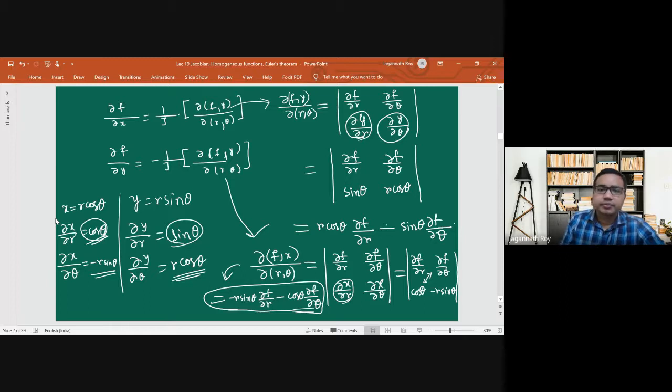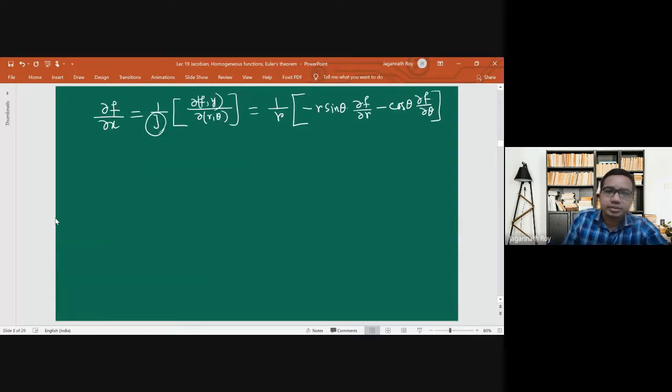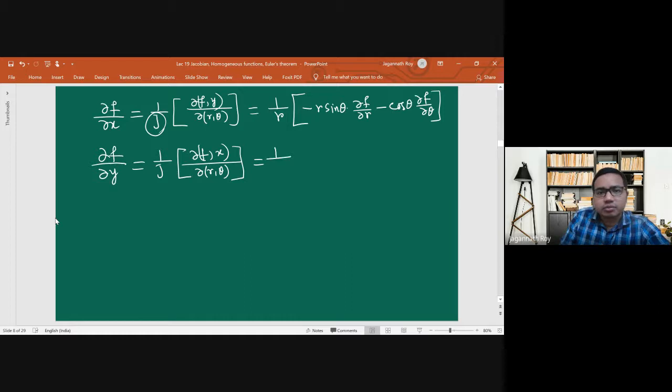Similarly, we have to calculate del f del y: 1 by j into del f del x, then del r del theta. That is 1 by r, j equals r.